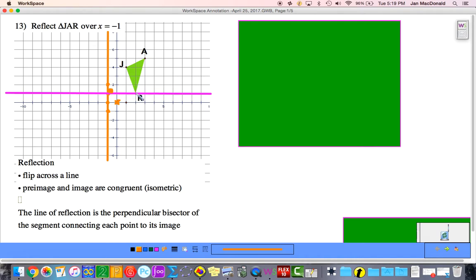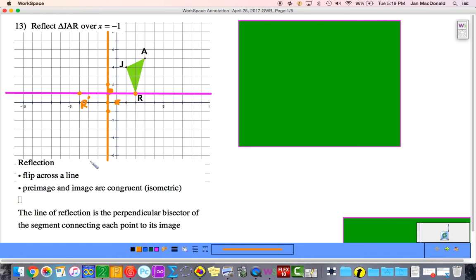Here's my point R, and right here I have 1, 2, 3 units to get to R. Therefore, I have to continue along that path, 1, 2, 3 units. This must be where R prime is.